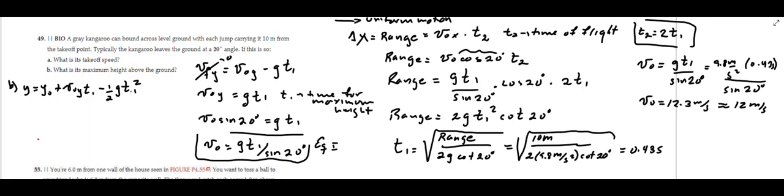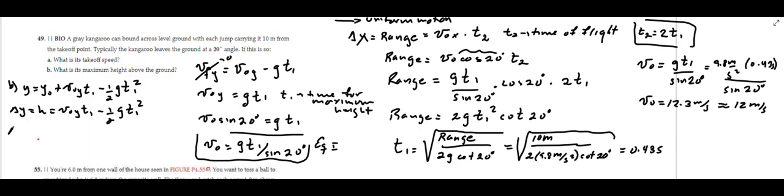In this case, we can bring y sub 0 to the left, so we can say that this is h, the height, or delta y. It is the same as h, and will be v sub 0y t1 minus 1 over 2 g t1 squared. I'm using t1 because t1 is the time needed to reach the maximum height.